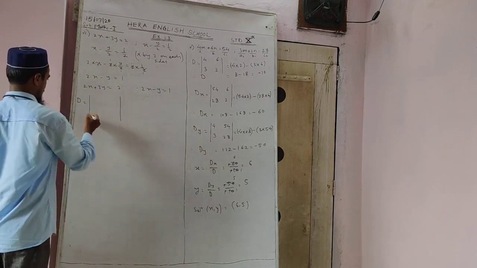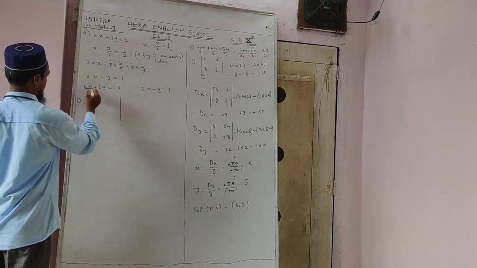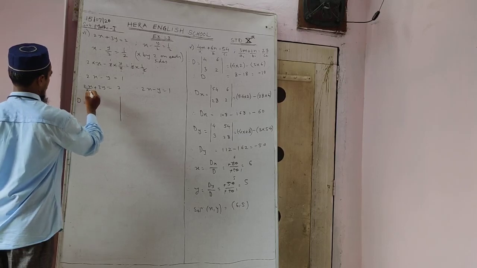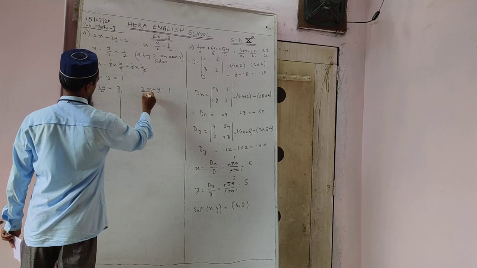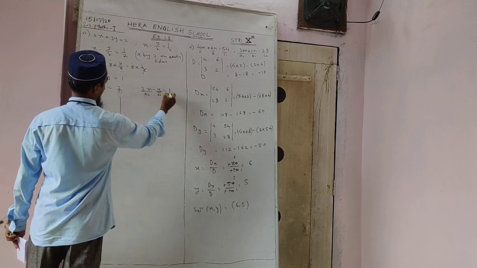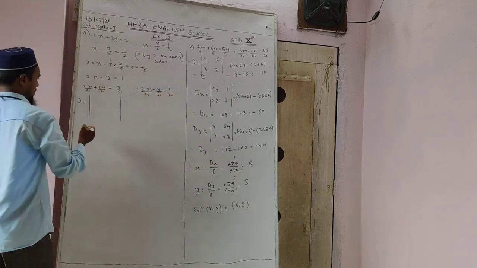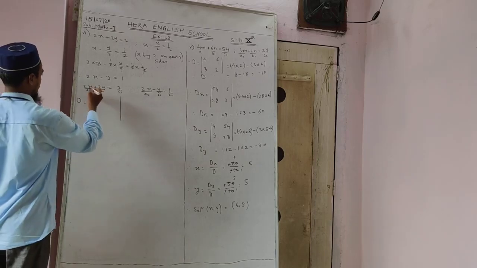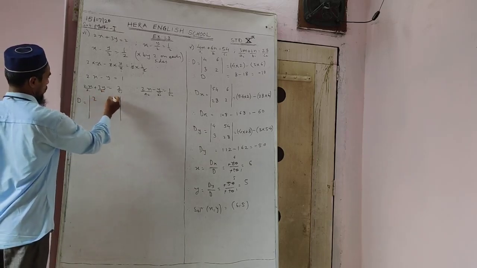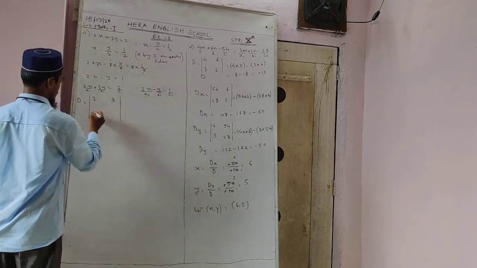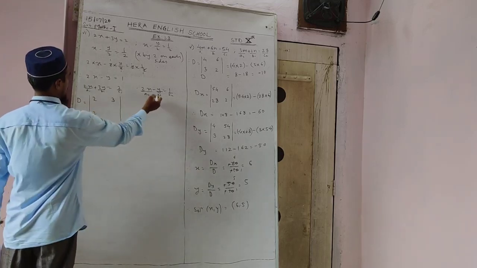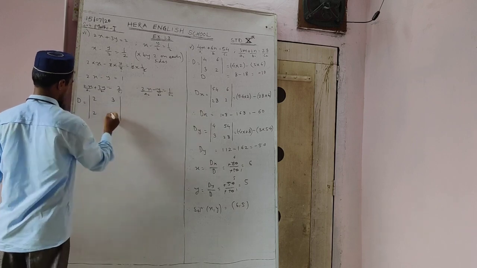Now to get the value of d, you know very well, this is your a1, b1, c1, a2, b2, c2. Keep the values a1, b1, that's 2, 3, and a2, b2: a2 is 2 and b2 is minus y, meaning minus 1.